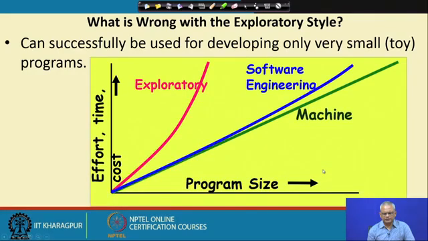To understand this, let us look at this plot. As the program's size increases, you develop larger and larger programs and still keep using the exploratory style or the build and fix style. You will see that for small programs, okay, maybe you are successful, but as the program size increases, the effort, time, cost all increase exponentially.